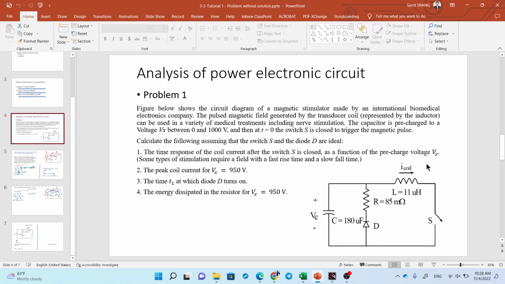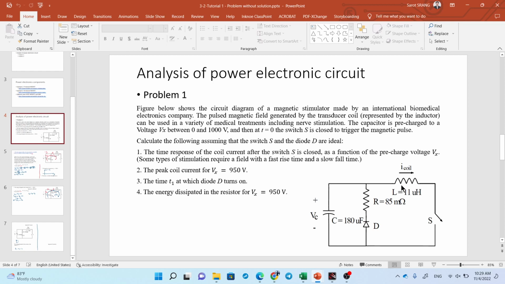And the voltage VH pre-charged to the capacitor is 950 volt. What is the question? Calculate the following, assuming that the switch S and diode are ideal. First, you are asked the time response of the coil current after the switch is closed.